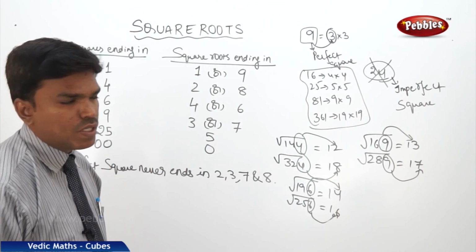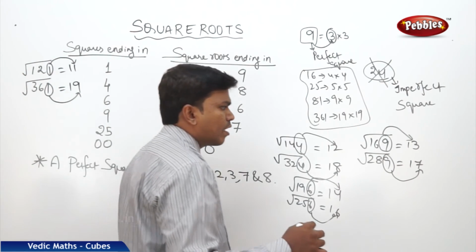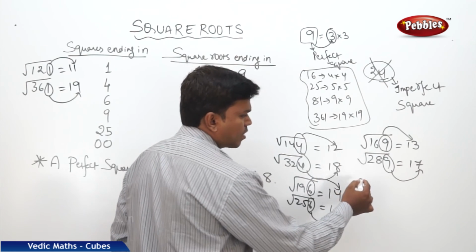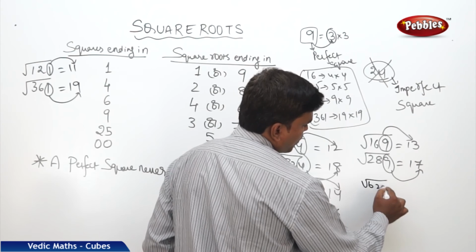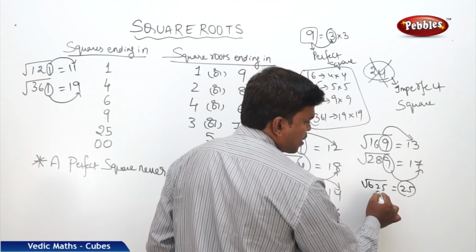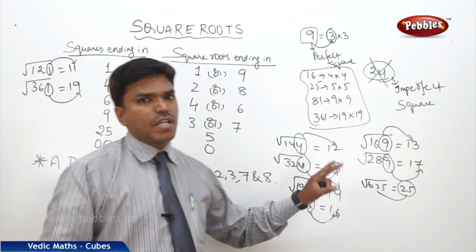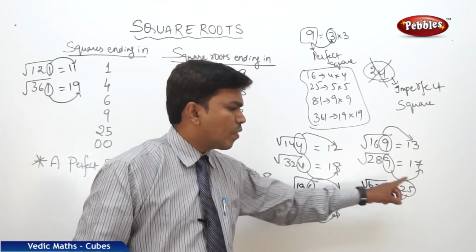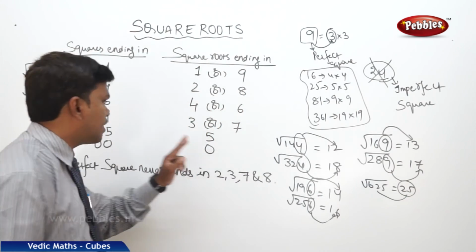Similarly, if it is 25, it is 5. Yes or no? For example, whatever be the number that is ending in 25, if it is a perfect square, let us take the square root of 625, nothing but 25 only. So that's what I mean to say. A perfect square which is ending in 5 also has a square root ending in 5 only, right? Here it is 5, there it is 5.